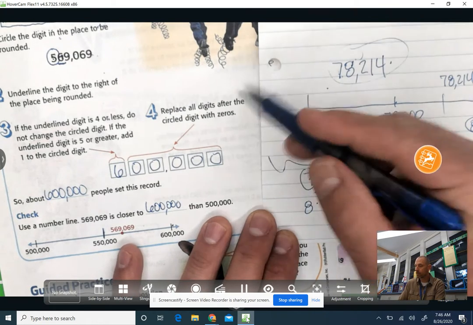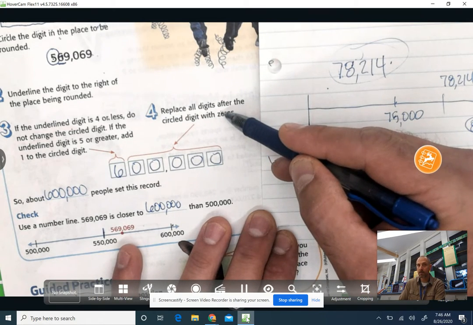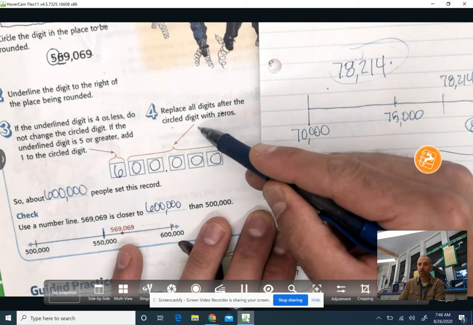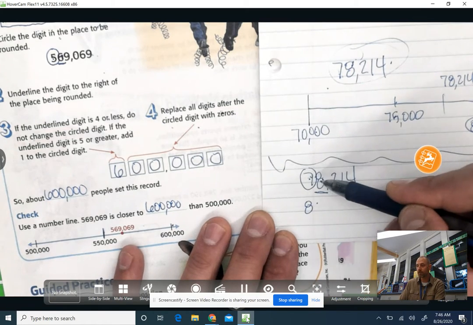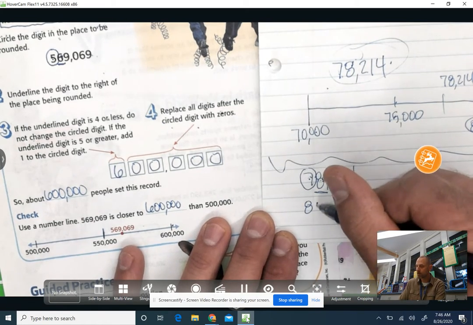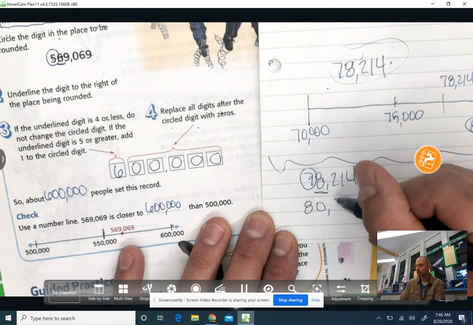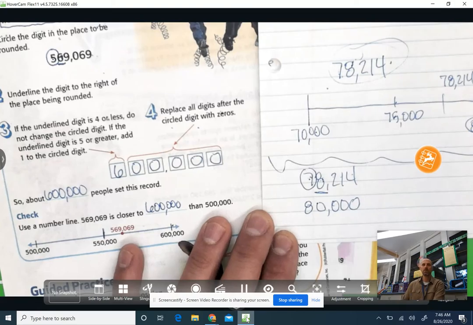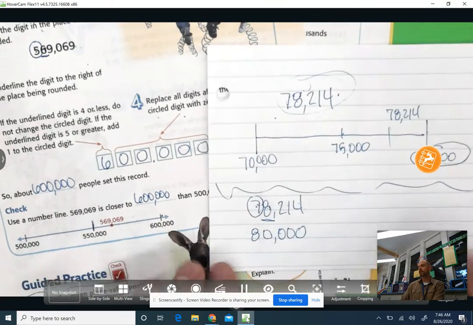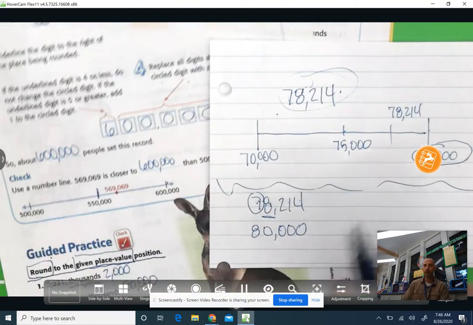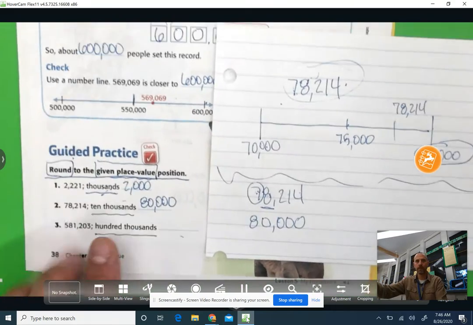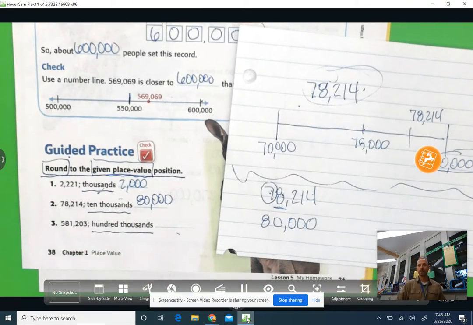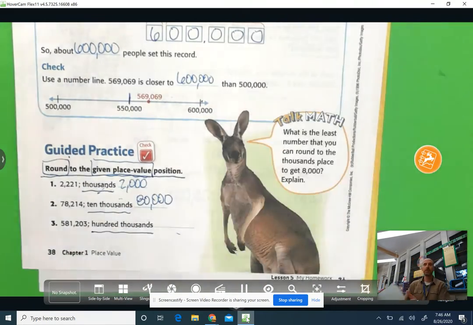And everything else, just like number 4 says, all digits after the circled digit, after the 7, become zeros. 0 in the thousands, comma, 0 in the hundreds, 0 in the tens, 0 in the ones. 80,000. Okay? 80,000.